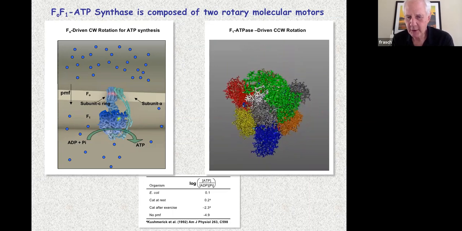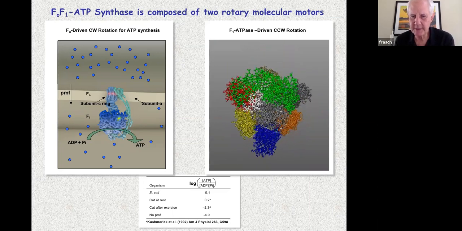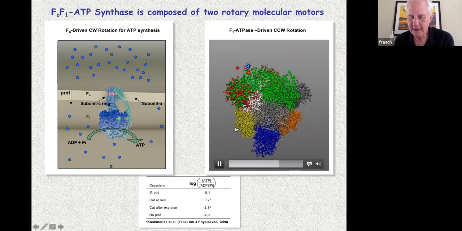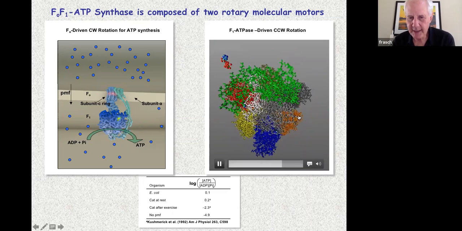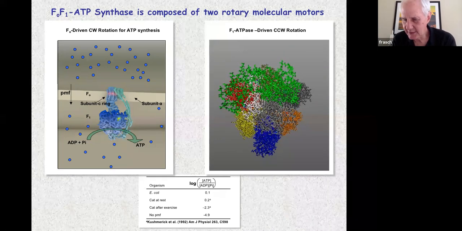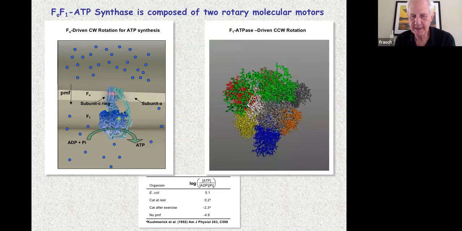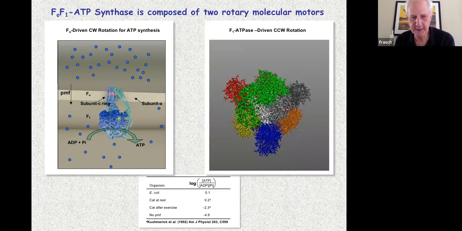So this is called the alternating site mechanism, in which each of the 3 catalytic sites is operating at the same time, but out of sync with each other, so that each one is driving ultimately the entire rotation of the process.